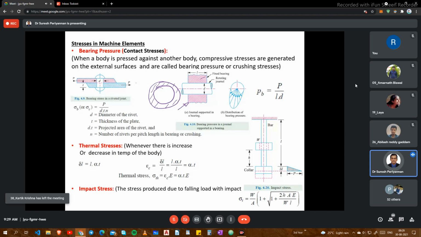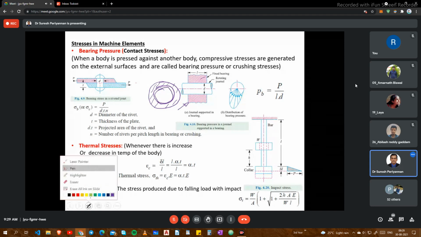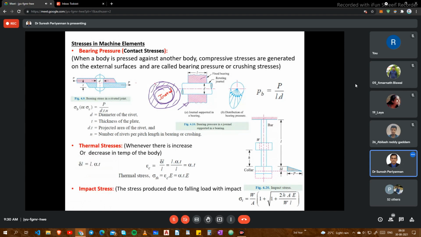When the journal rotates, what will happen?